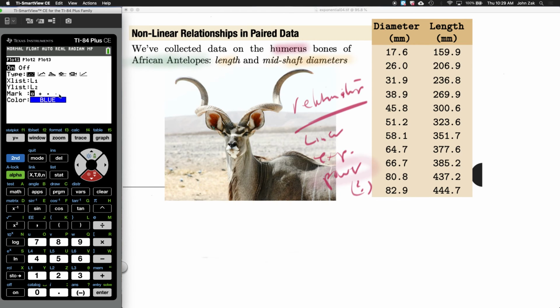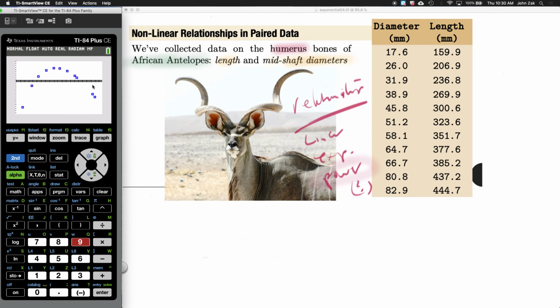So if I hit second stat, which is list, I'll see all the residuals stored there. Now if I make a scatter plot of L1 versus the residuals, I'm going to hit zoom 9.